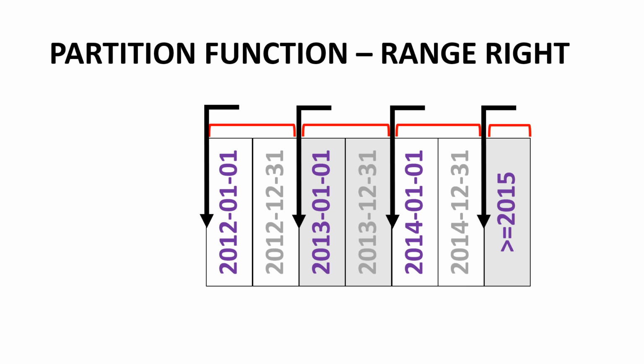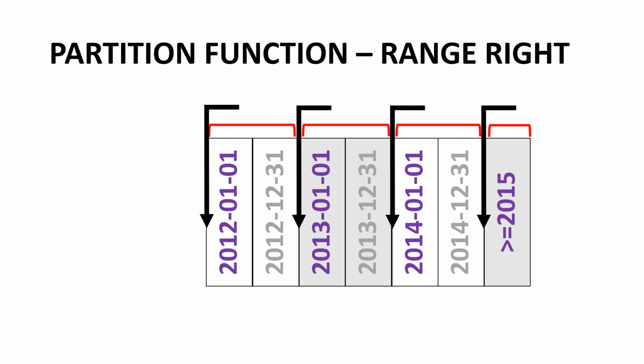There are different ways to think of this. The way that's clearest to me is that when you use a range right partition function, you are defining the minimum value for that partition. That makes sense to me. I don't know why they called it right.